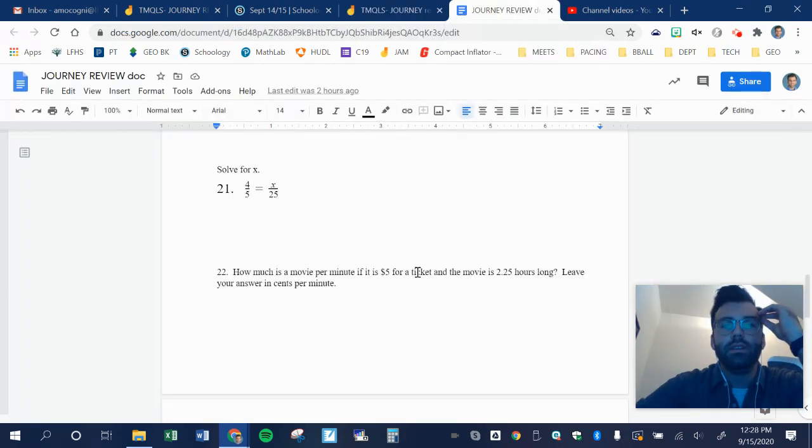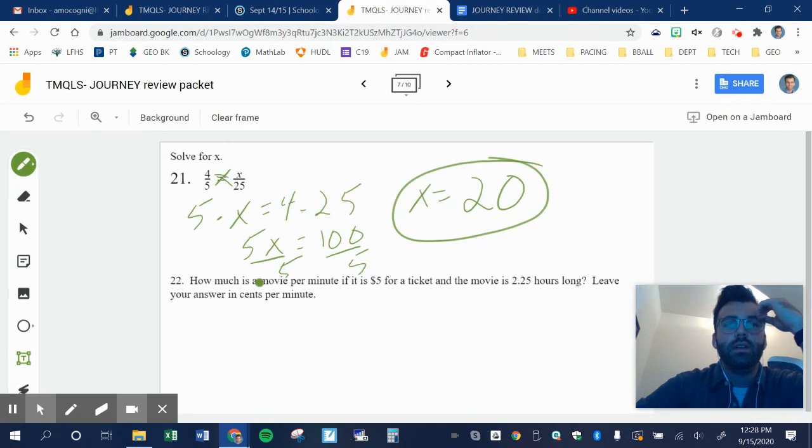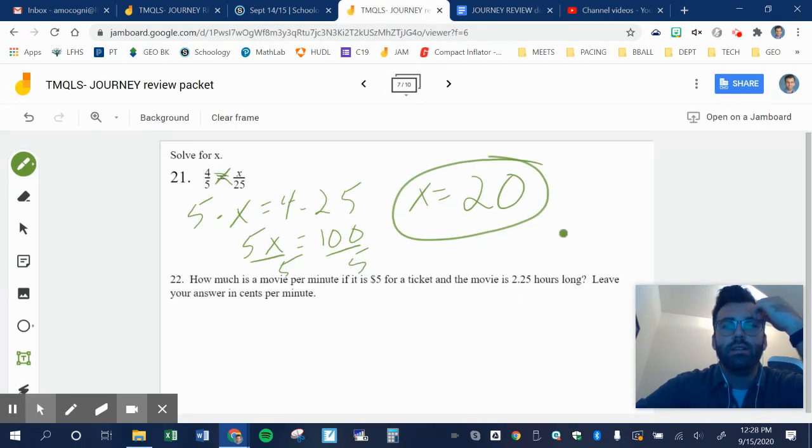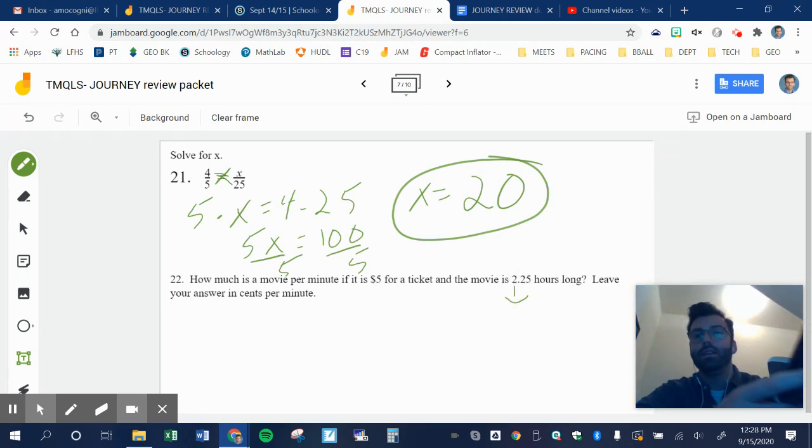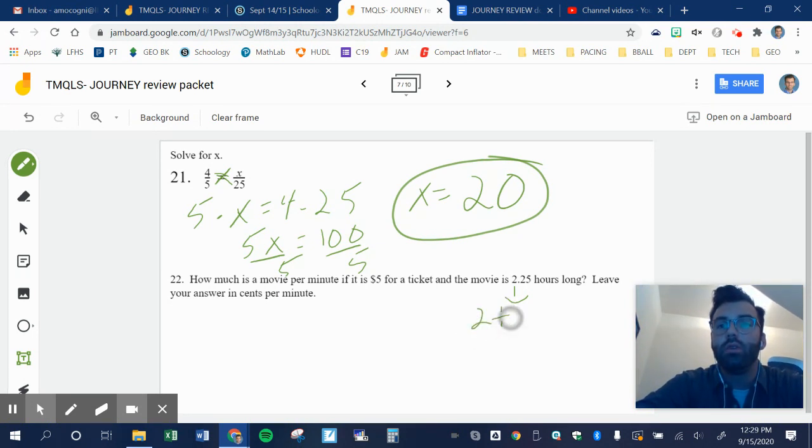All right. Last one, I think, for this video. So how much is a movie ticket per minute if a ticket is $5 for a movie that is 2.25 hours long? Well, if it's 2.25 hours, how many minutes is that? Well, that's 2 1/4 hours.